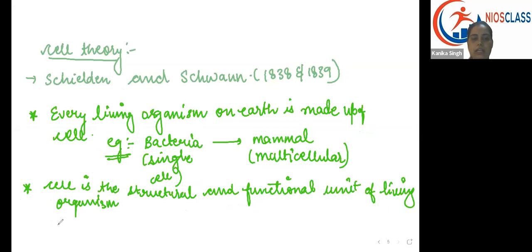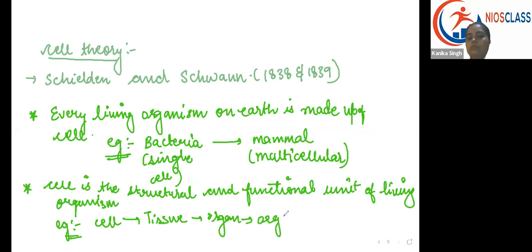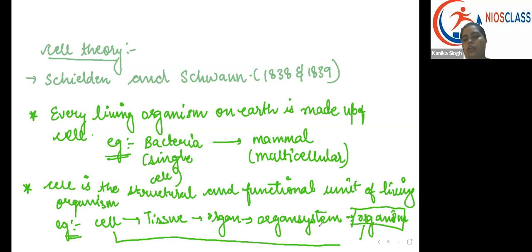It means that whenever we see cell, tissue, organ, organs forming an organ system, and finally the organism. When I see an organism, the smallest thing I find is a cell.